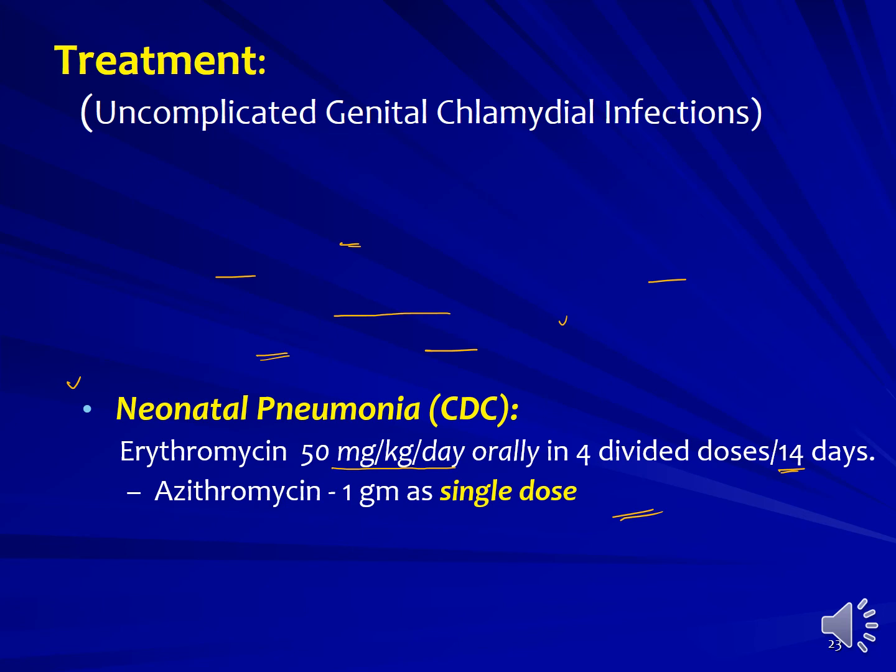Of course, that is related to adults or pregnant women, not neonatal pneumonia. In neonatal pneumonia cases, the babies are most of the time not more than 45 kgs. There is some mistake here in the typing of this particular point.